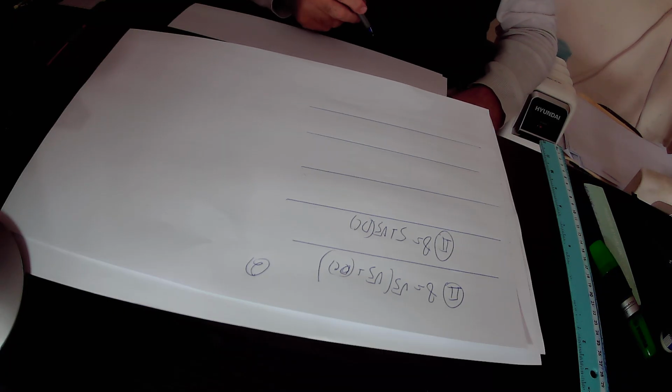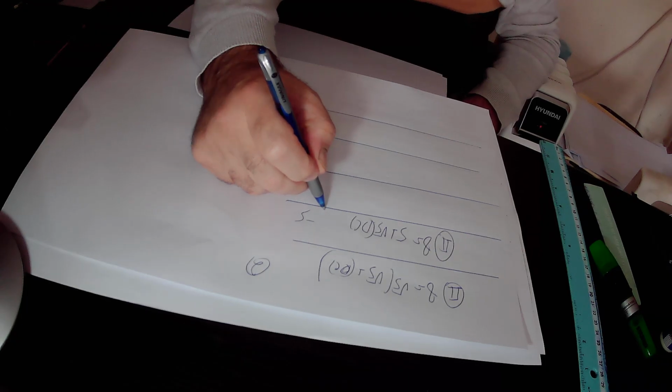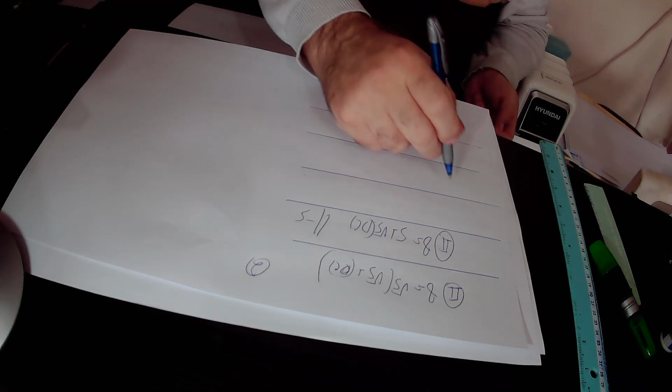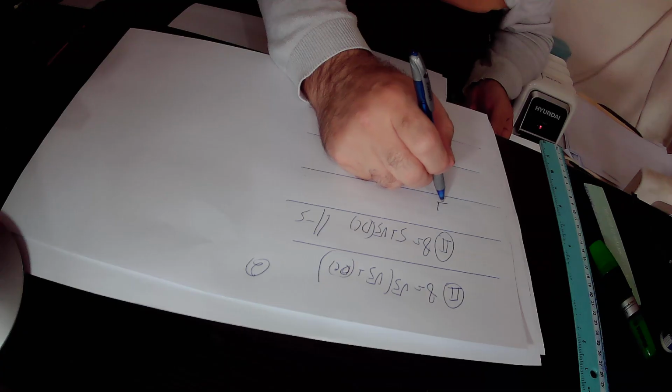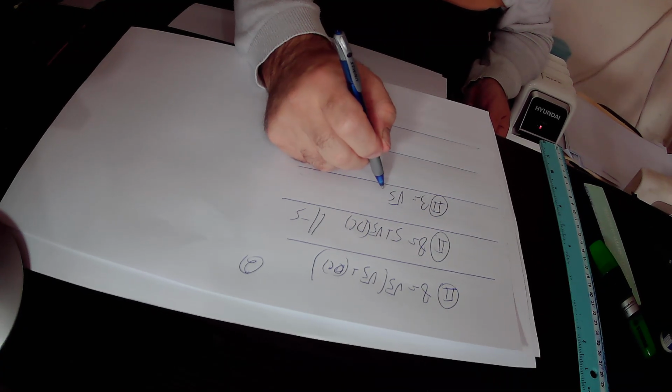So here we subtract 5 from this equation 2, and get that 8 minus 5 is 3, so 3 equals the square root of 5 times DC.